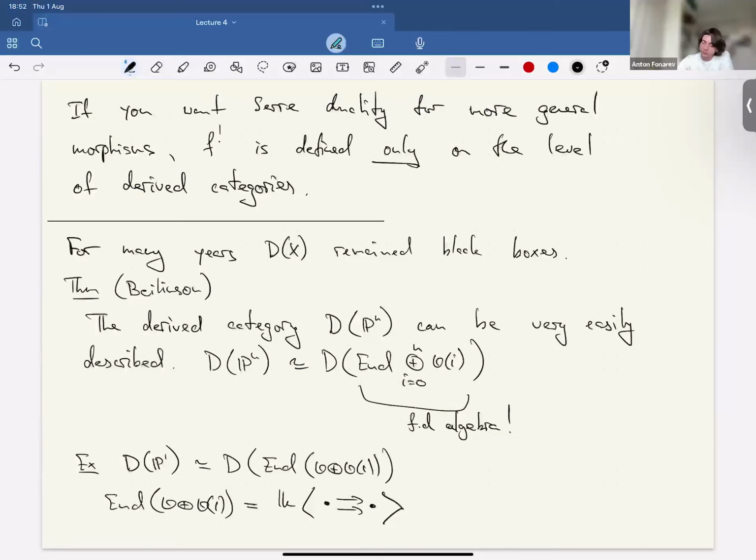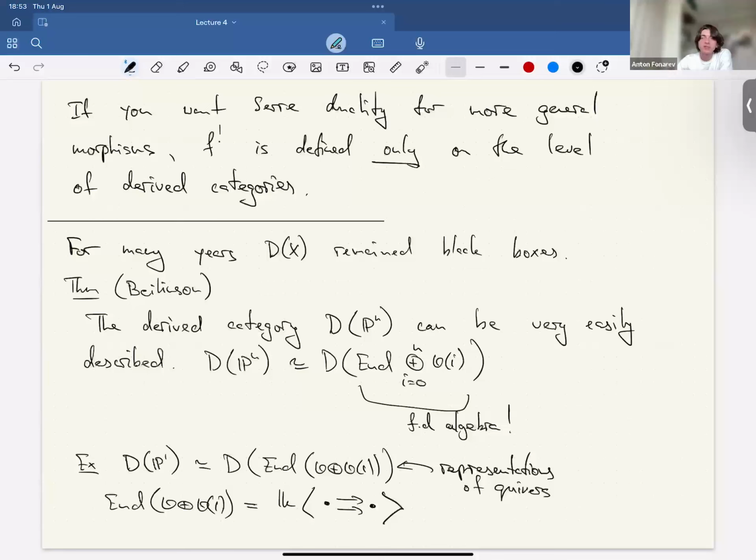This is a very well-known algebra. This is called the Kronecker quiver with two arrows, but in general, you can have more. And then suddenly, this becomes representations of quivers.